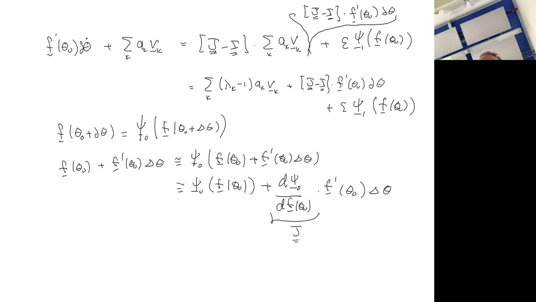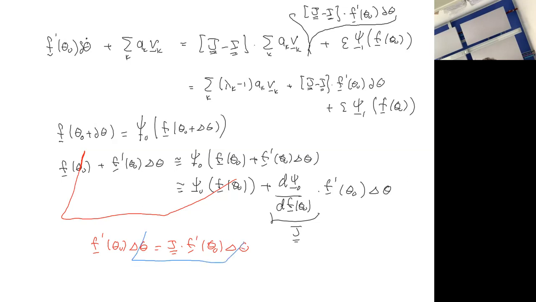So what do we have? We have this term cancels with this term, and that tells us that f prime of theta naught delta theta equals J dot f prime of theta naught delta theta. And we will cancel the delta thetas. And that tells us then that J minus I dot f prime theta naught equals 0.